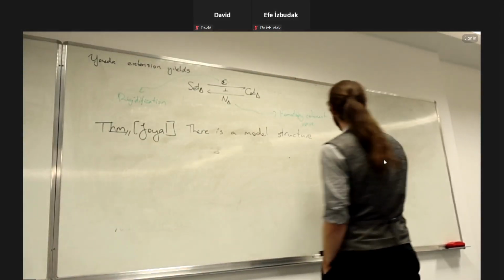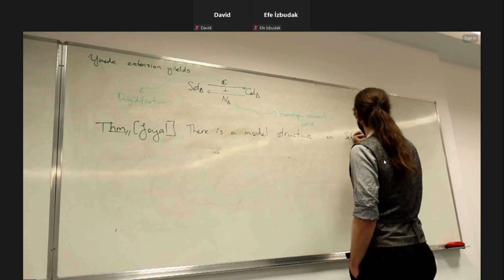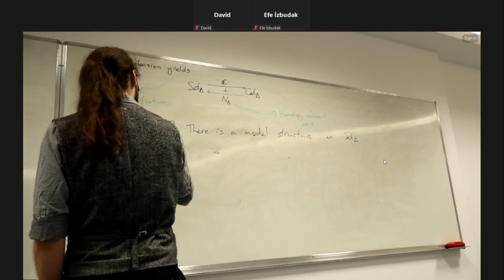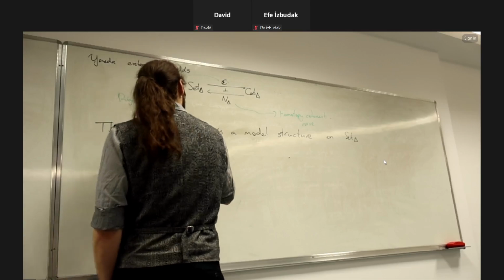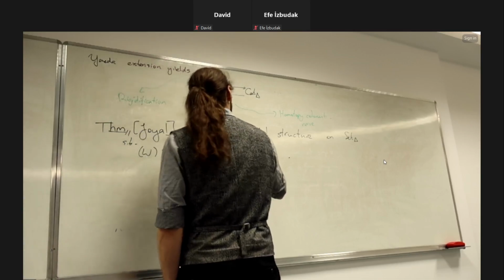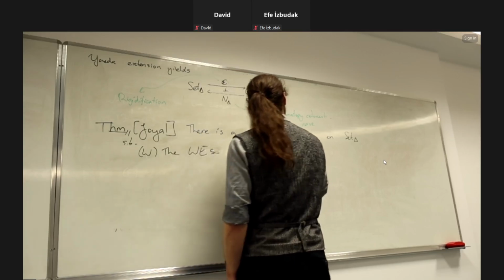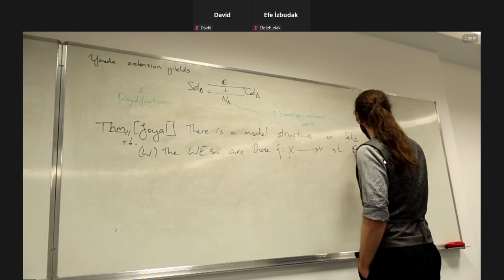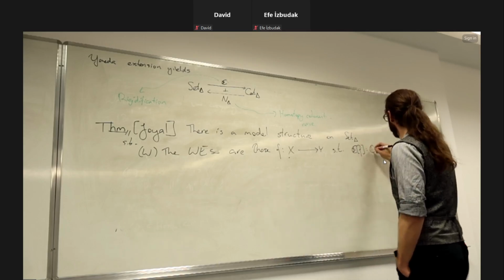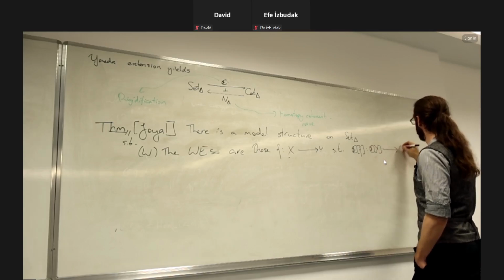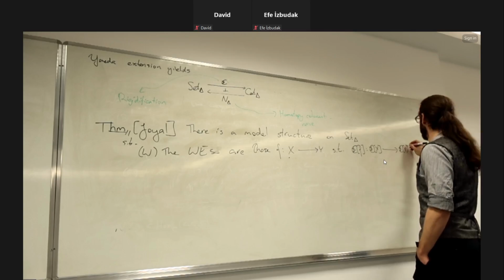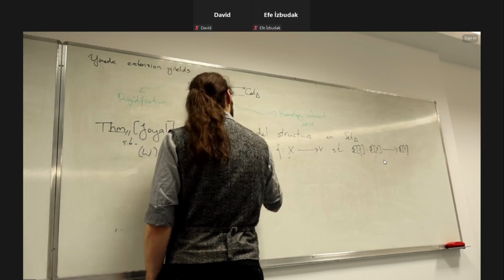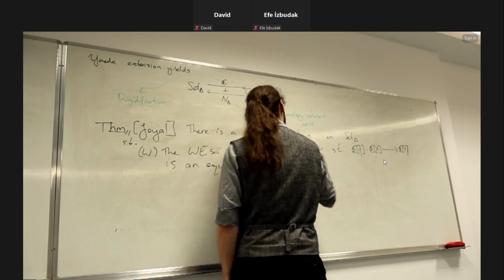On set delta, such that the weak equivalences are those f from x to y such that if we apply this rigidification, we get an equivalence in the Bergner model structure.